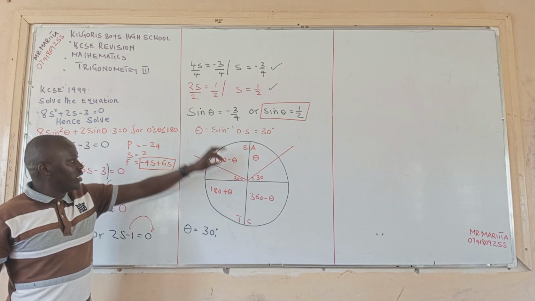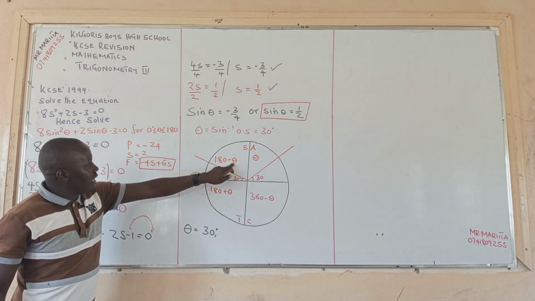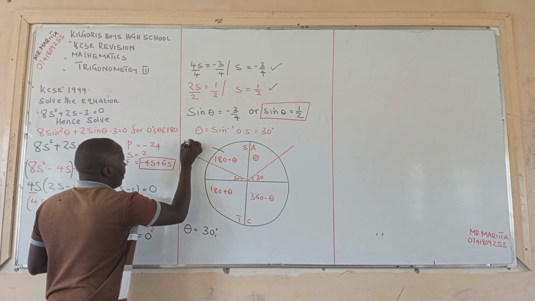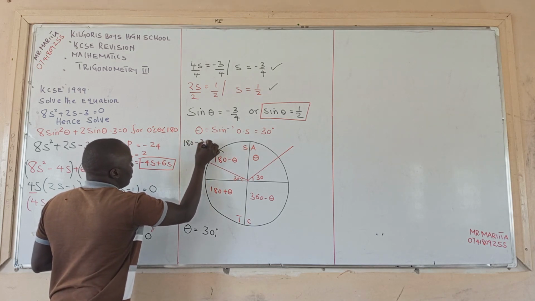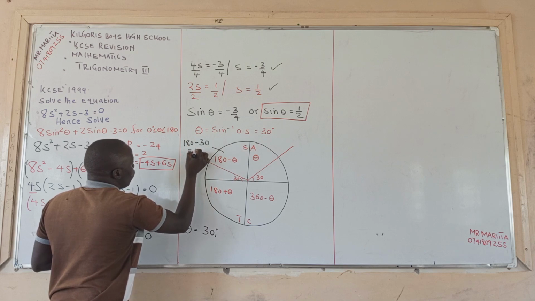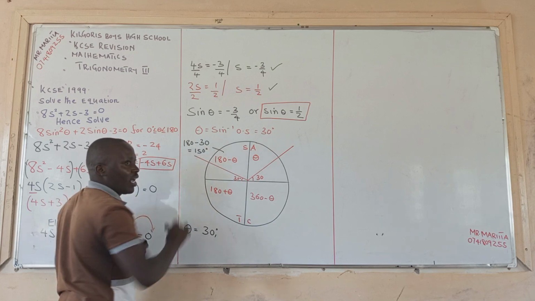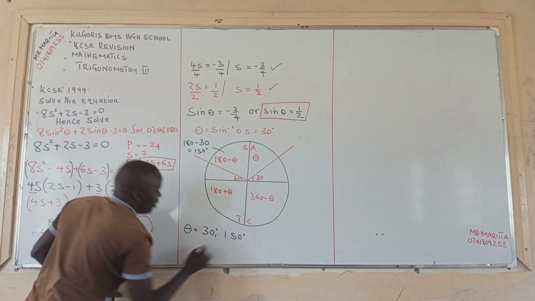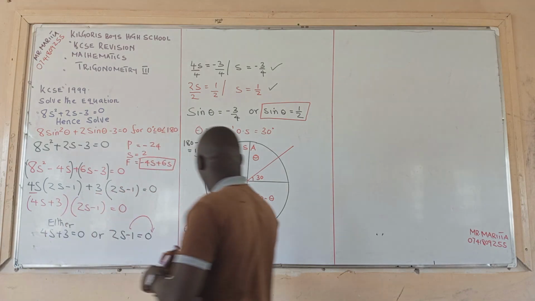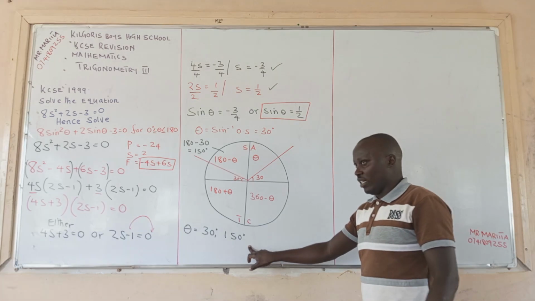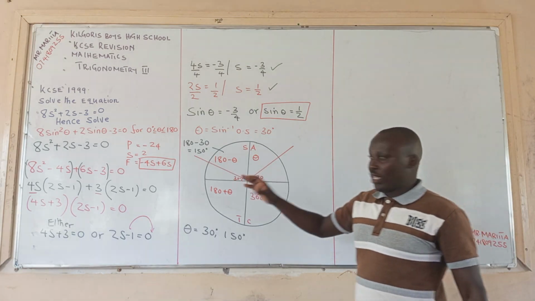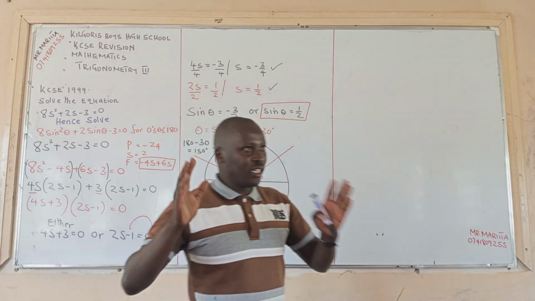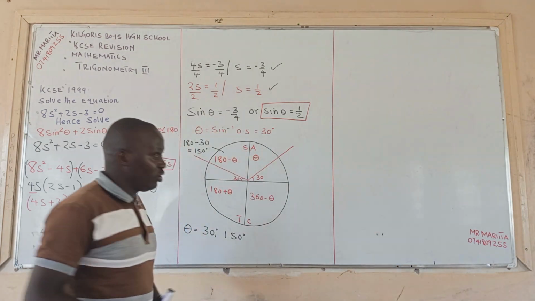So in this second quadrant, it is 180 minus theta, which is 180 minus 30 degrees. This one is giving us 150 degrees. So the value of theta is 30 degrees or 150 degrees, for theta being in the range of 0 degrees to 180 degrees.